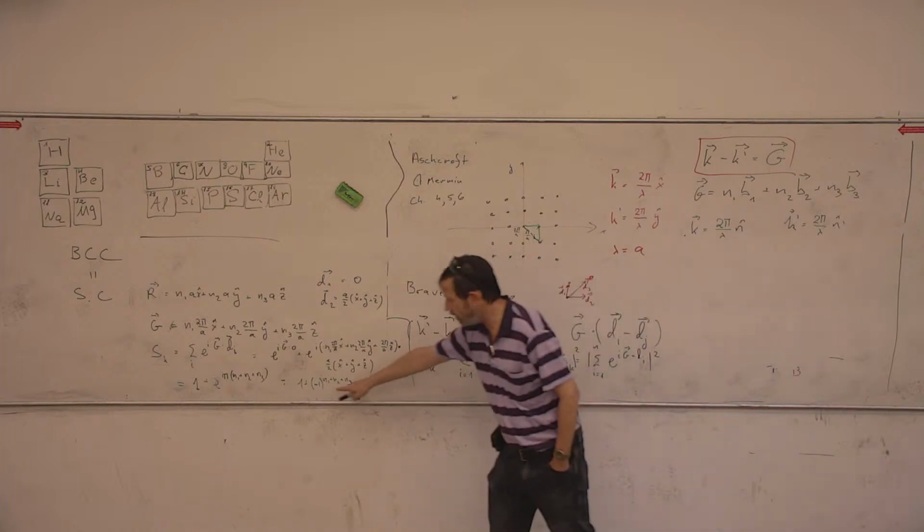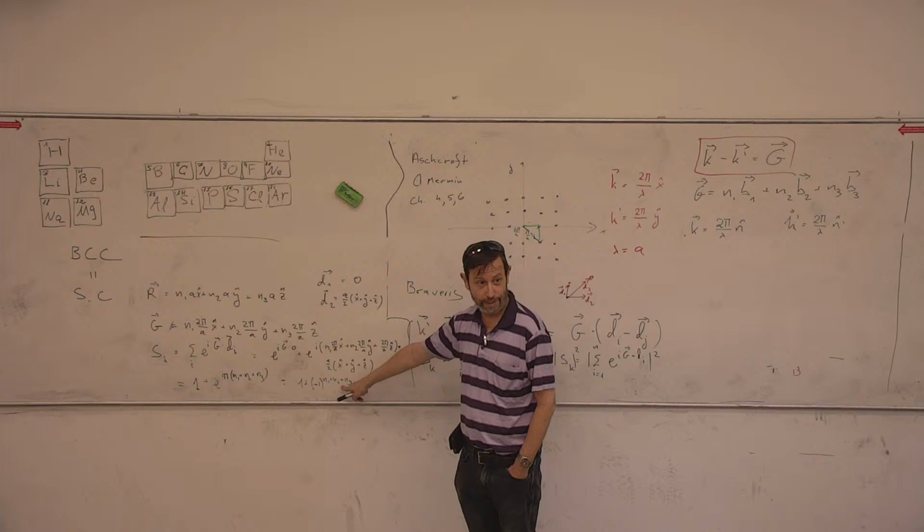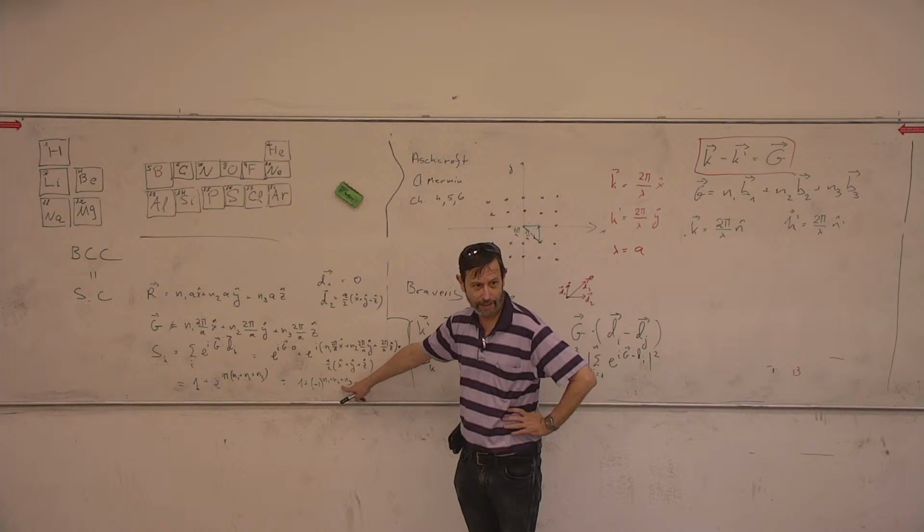We'll have either 0 if n1 plus n2 plus n3 is odd, or 4 if n1 plus n2 plus n3 is even.